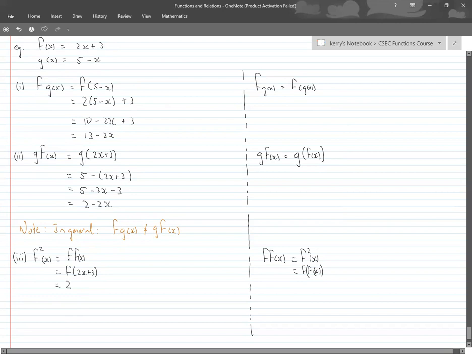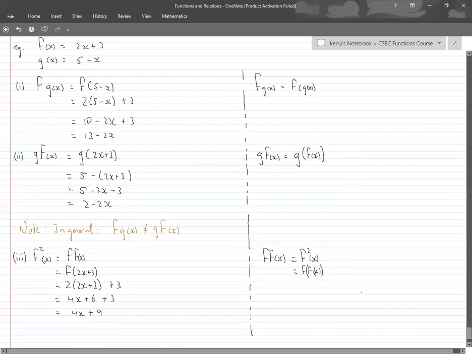So it will be 2 into 2x plus 3 and then plus 3. Because remember, f of x is 2 by the input plus 3. But the input into this f is the function itself. And now just expanding it out, you get 2 by 2x is 4x plus 2 by 3 is 6 plus 3, which will give me 4x plus 9.